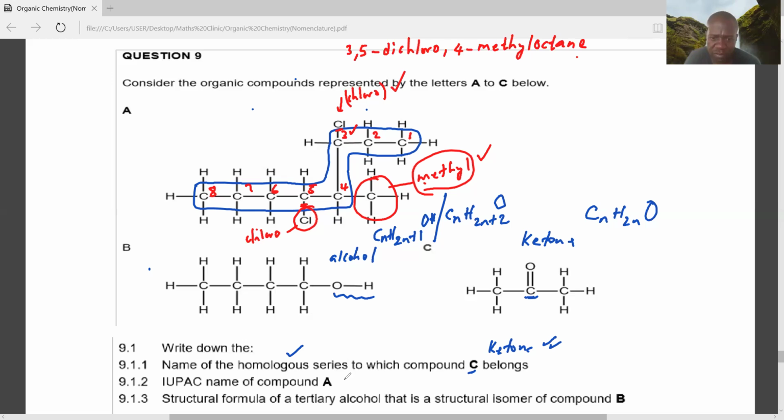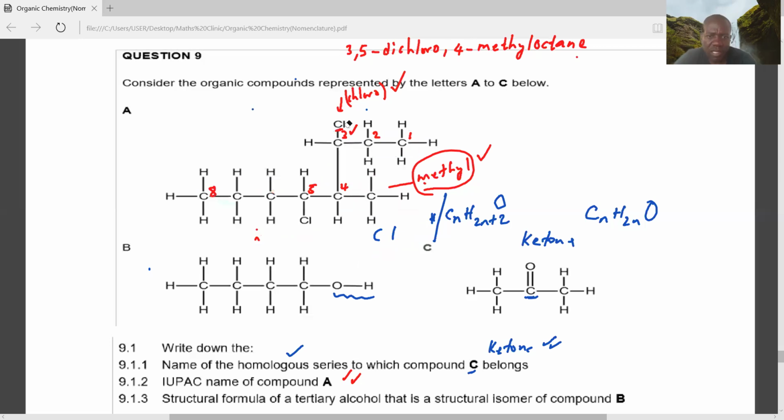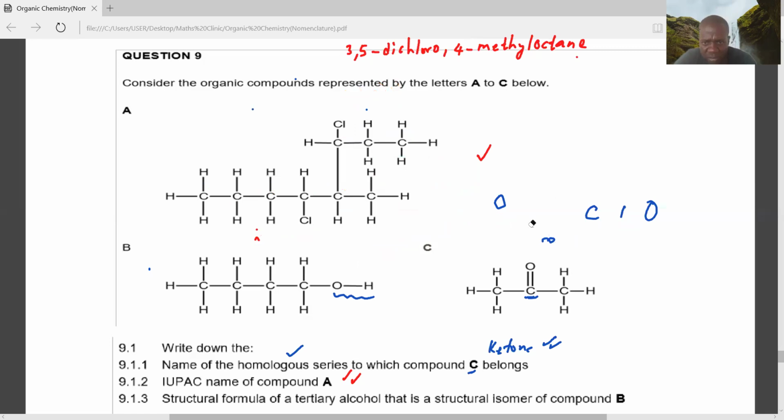Then secondly, it says write down the structural formula of a tertiary alcohol that is a structural isomer of compound B. Obviously, if you want a tertiary alcohol, how many carbons are here? 1, 2, 3.